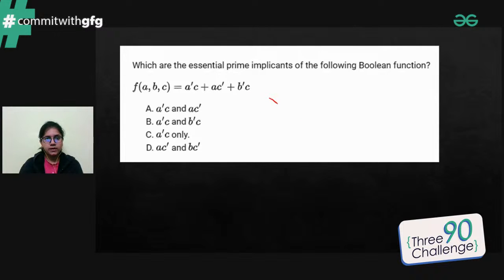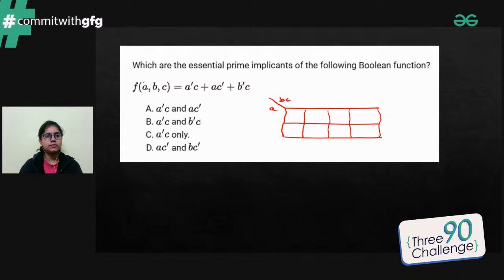So the K map will be of 8 cells. This is A, this is BC, and this is how we will divide, because the function variables are A, B, C.